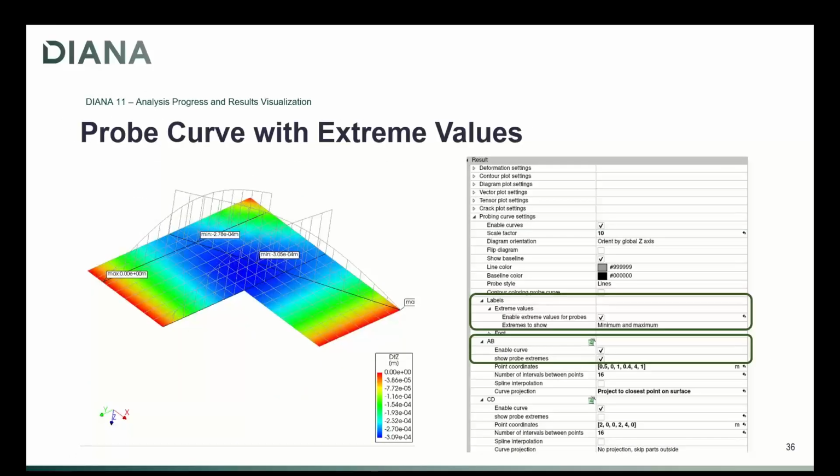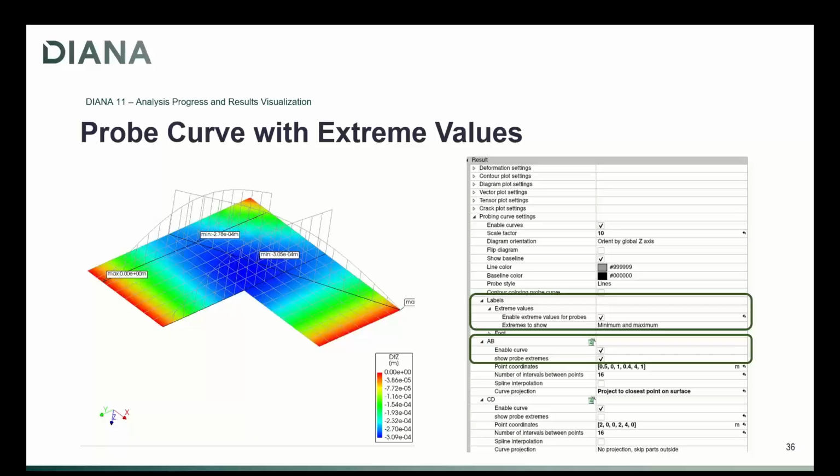Now, in relation to probe curves, there is a new option to see the extreme values, so minimum and maximum, or only minimum or only maximum. You can activate these under results properties, probing curve settings, with this new parameter called enable extreme values for probes, and extremes to show, where you select which extremes you want to show.